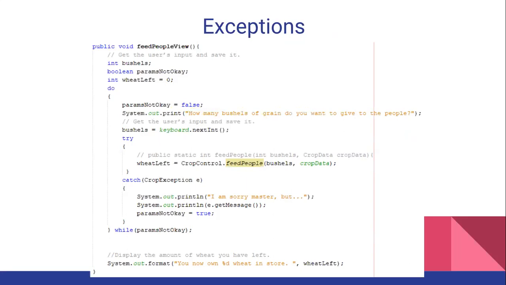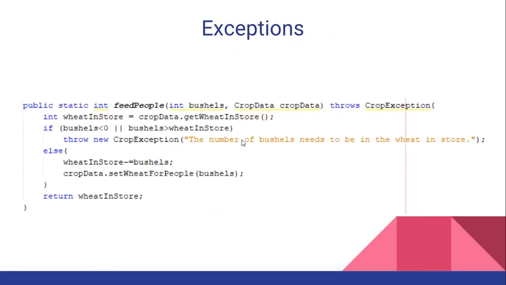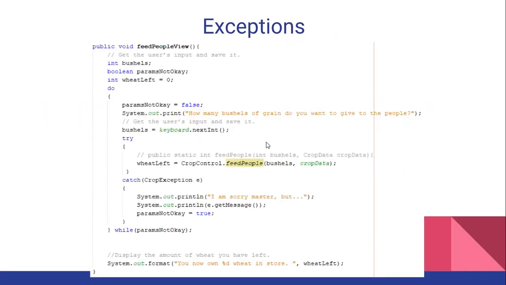Then it prints to the user, "I am sorry, master, but," and in the other line we get the message that we have here in throws, the number of bushes, and it throws here.